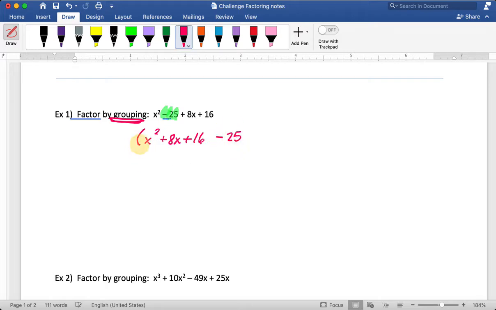I'll put my grouping symbol here as such. Now I'm going to take this 25 and rewrite it. So I have x squared plus 8x plus 16, subtract, and I'm going to rewrite 25 as 5 squared, with the squaring on the outside.